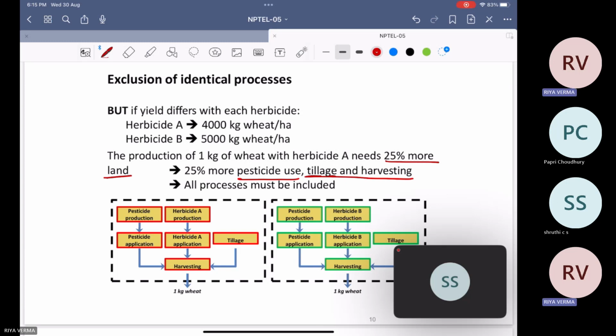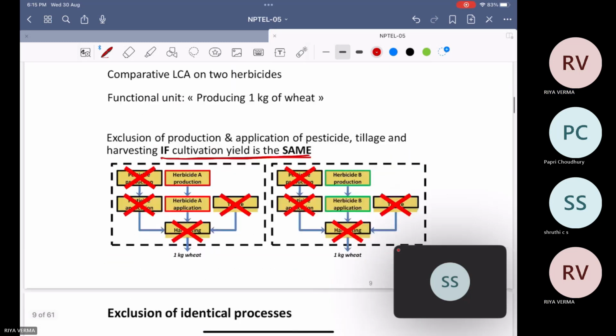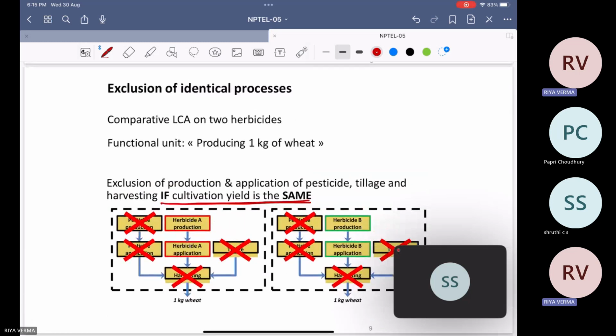So that is how we decide if we want to include all the processes, or if we can exclude any such process. We just need to ensure that if all the unit processes are there, if the functional unit is the same in both the cases, and if the cultivation yield is the same, then we could have excluded the above said processes.